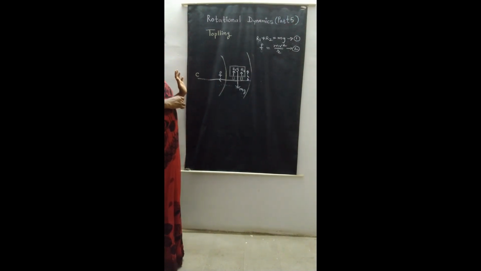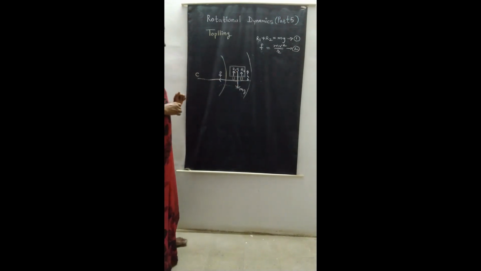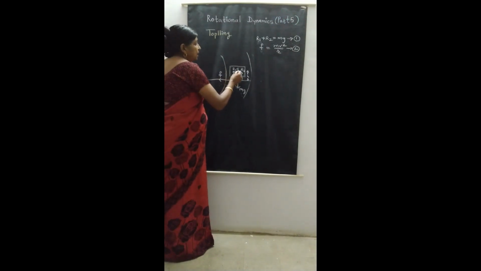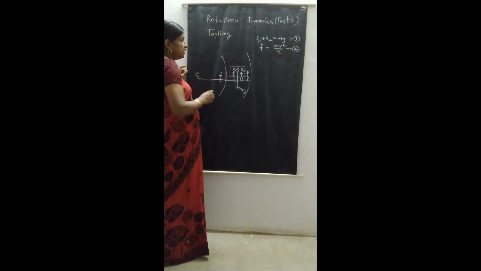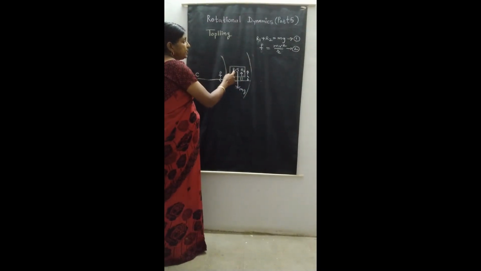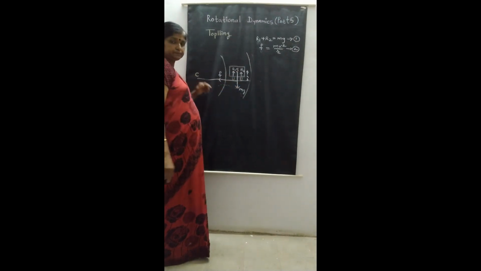For that, let us see the moment about this point G. For this point G, we will have to find out the torque or moment of the force due to R1, moment of force due to R2, moment of force due to F, moment of force mg.